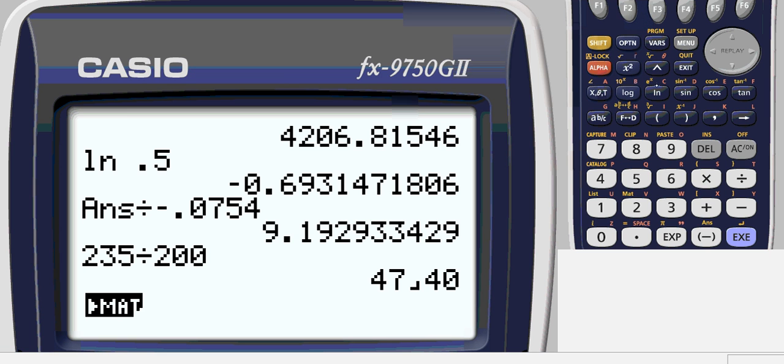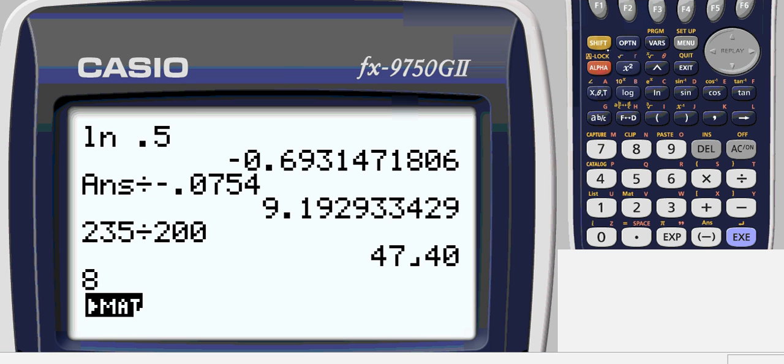So we're going to pick this little x root, type in 8 for 8th root. Now it's the 8th root of 47 over 40. Just do an answer, that'd be easier.